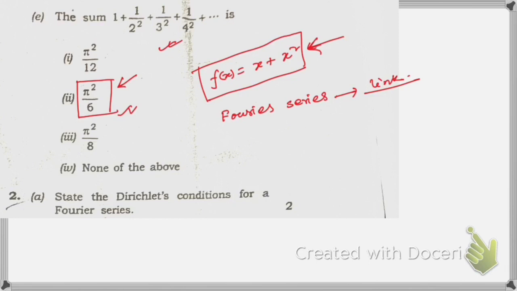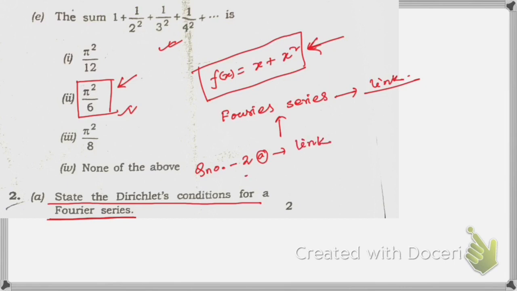This is question number 2. These things are also discussed in Fourier series. I will give another link in the description box, writing this way: question number 2, and here will be the link.